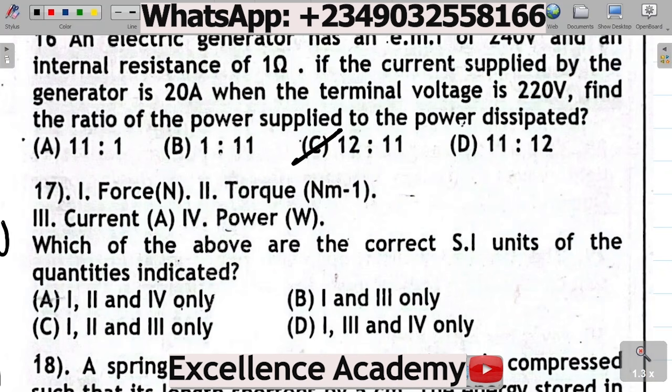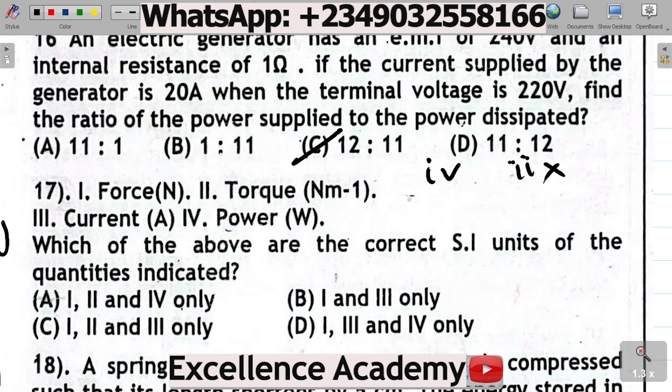Let's start with the first one. Force is in Newton. That means I is correct. Torque is not in Newton per meter. Torque is actually Newton meter. That means II is not correct.